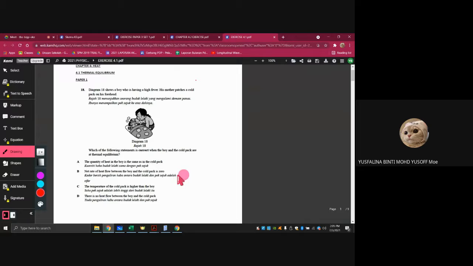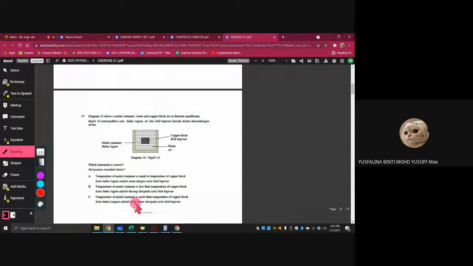Just now, the quantity of heat in the boy is the same as the cold pack, and the net rate of heat flow between the boy and the cold pack is 0. So this is the answer, B. For thermal equilibrium, you just need to remember those three sentences and find the answer. So number 18, the answer should be B.